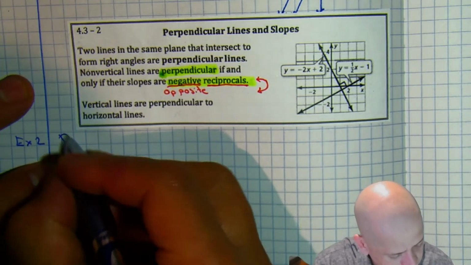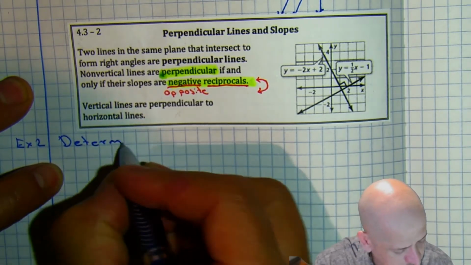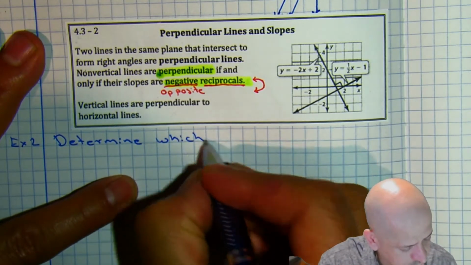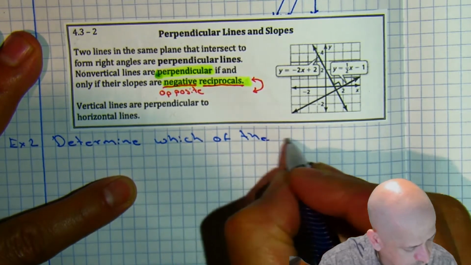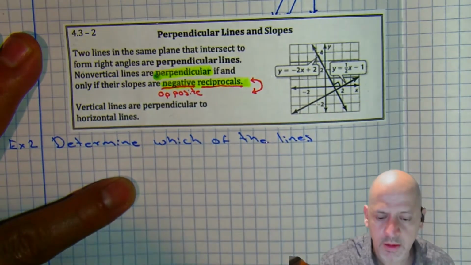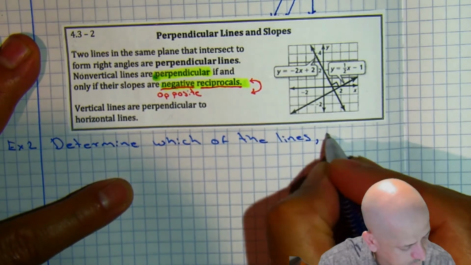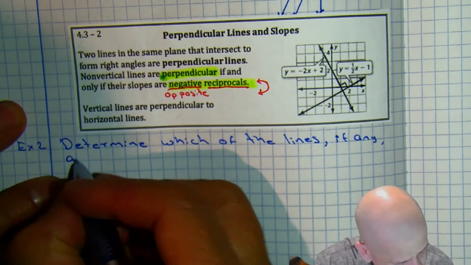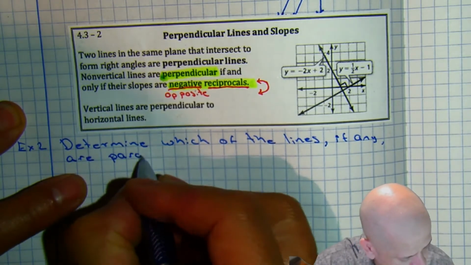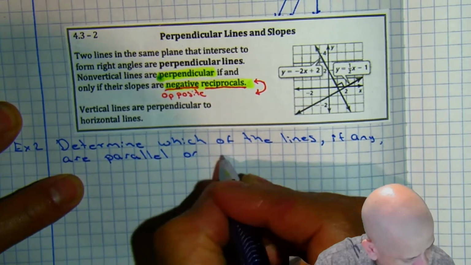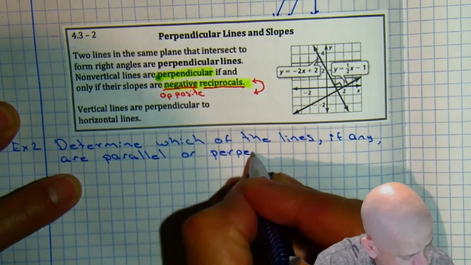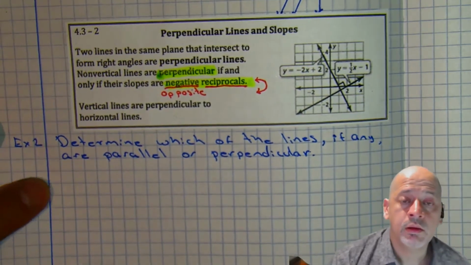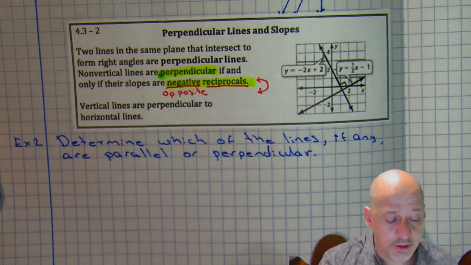Determine which of the lines, if any, are parallel or perpendicular. So they are going to be giving us 3 lines.